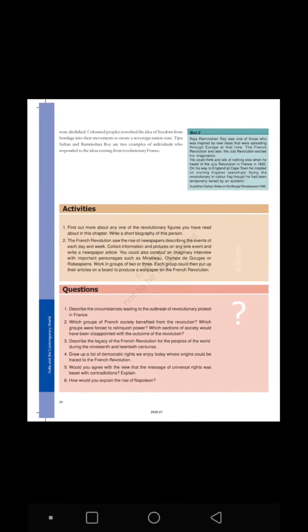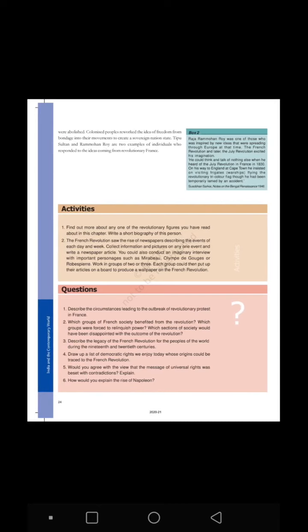Activities. One: Find out more about any one of the revolutionary figures you have read about in this chapter. Write a short biography of this person. Two: The French Revolution saw the rise of newspapers describing the events of each day and week. Collect information and pictures on any one event and write a newspaper article.